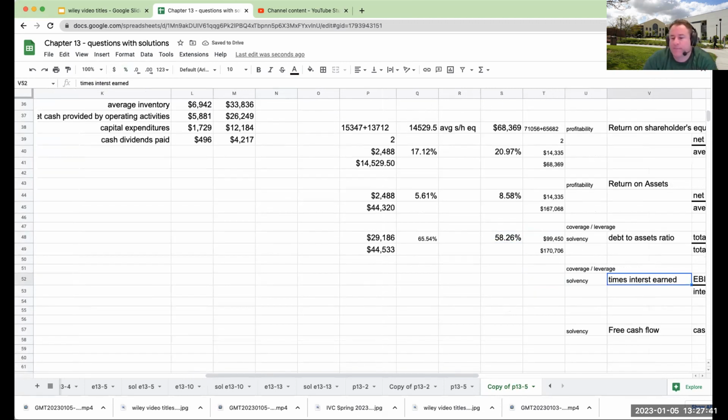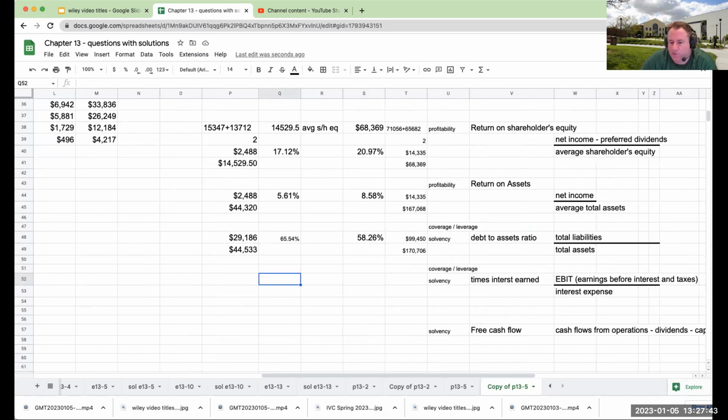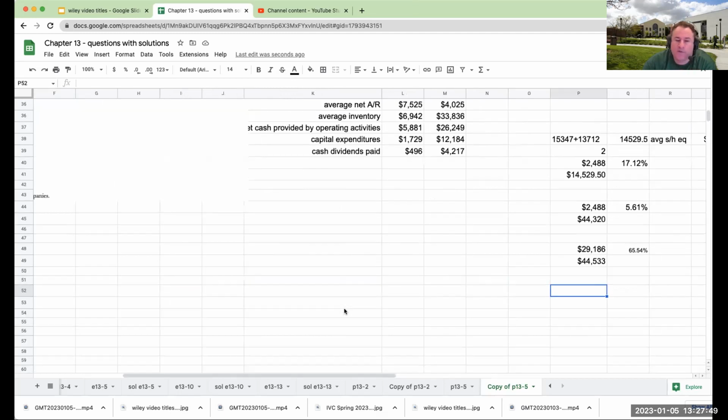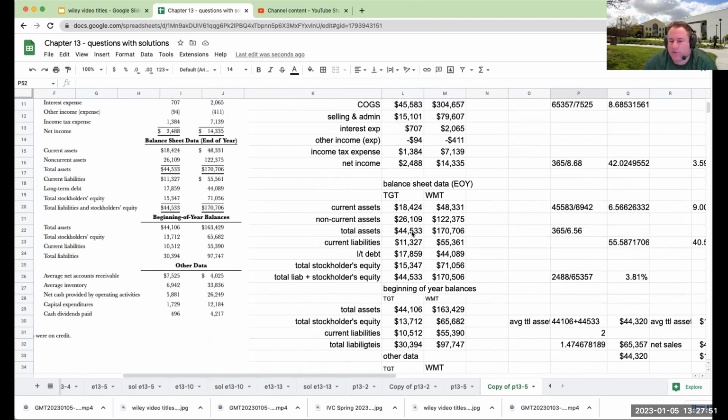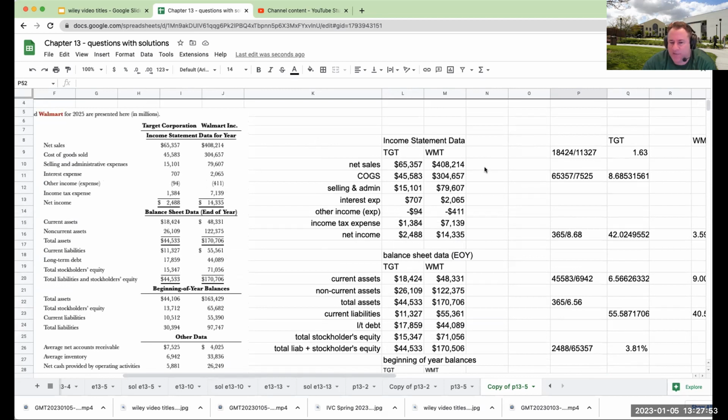Next one over here is going to be times interest earned, right? Which is earnings before interest and taxes divided by interest expense. Okay, so over here, my earnings before interest and taxes is going to be 65,357 minus 45,583 minus 15,101.